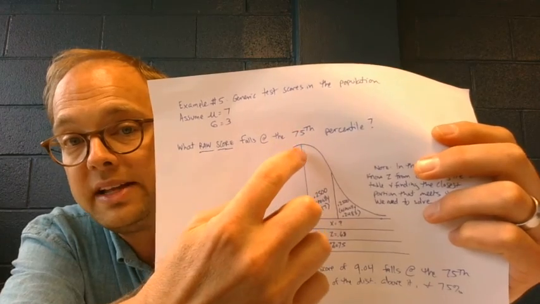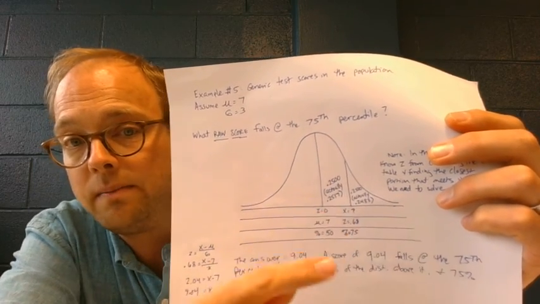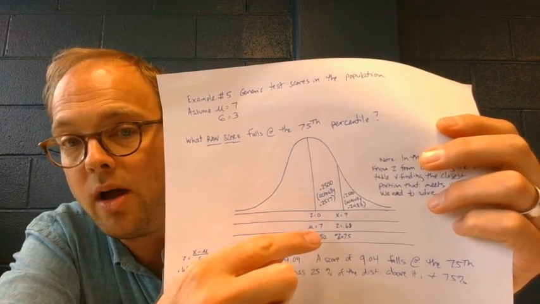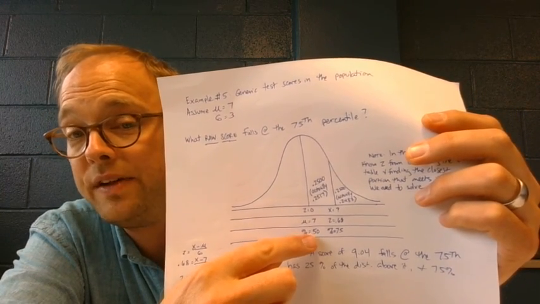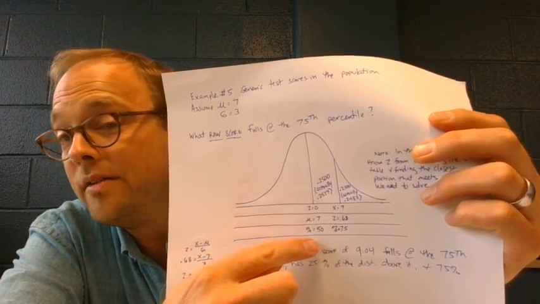I then split the drawing down the middle, indicated a z of 0, a mean of 7, and I added the 50th percentile. Do you remember what percentiles are? Percentiles indicate the portion of the distribution that falls below, and also the proportion that falls above.